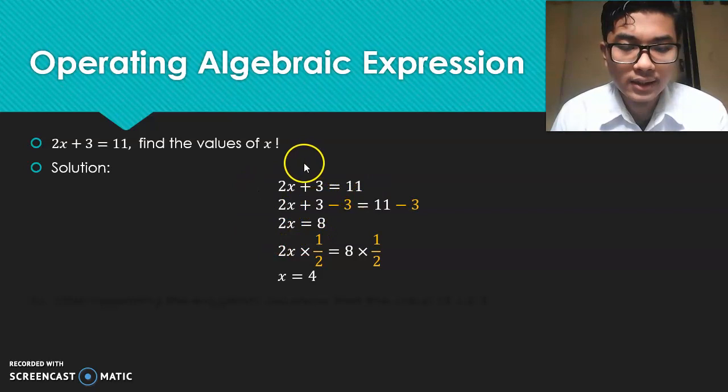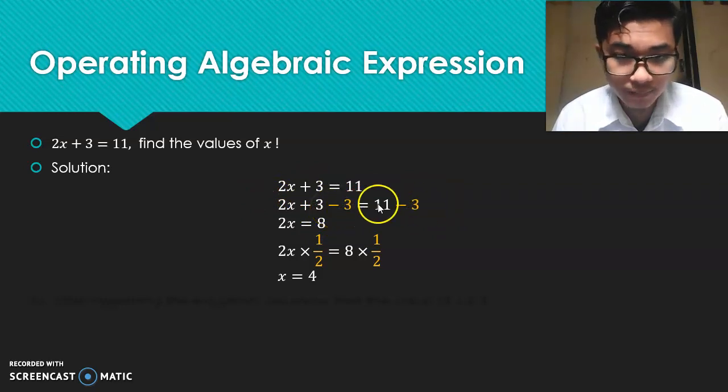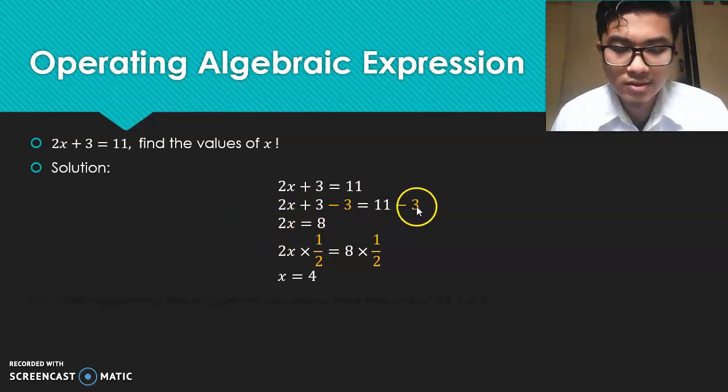Now, we can operate it by minus 3, so we can remove this plus 3 on this side, so we only need x on this side, and then all of this is the number, or constant number. So we subtract 3 from both sides, so it's gone, and then the remaining is 2x equals 11 minus 3.